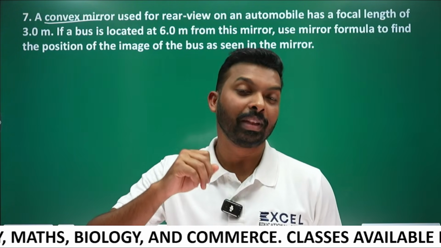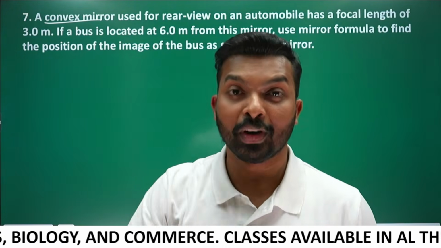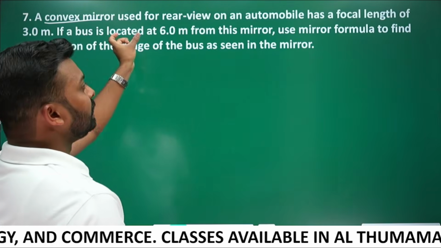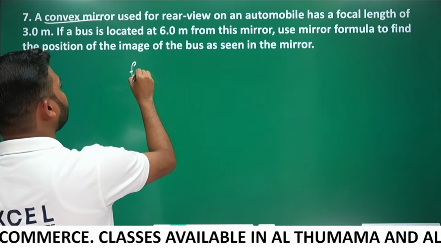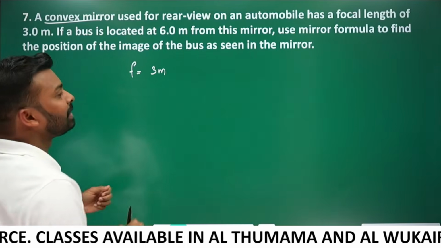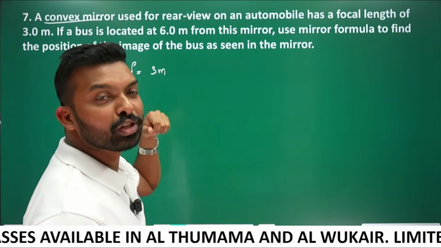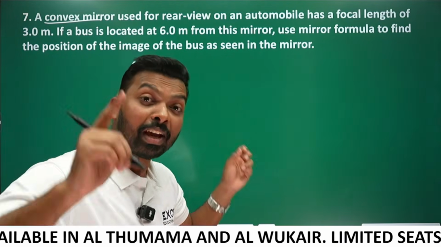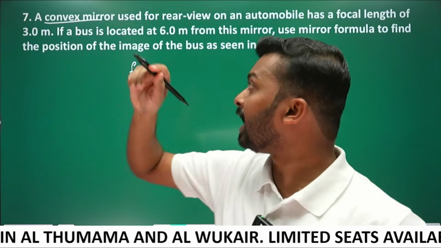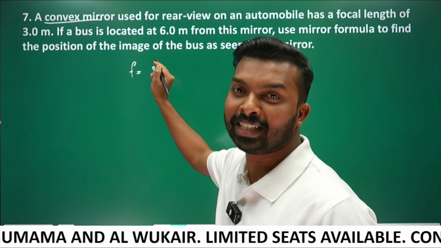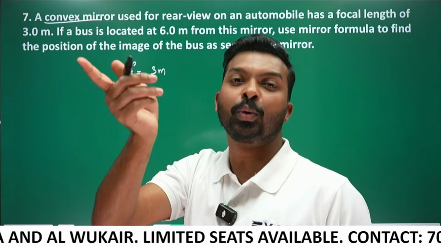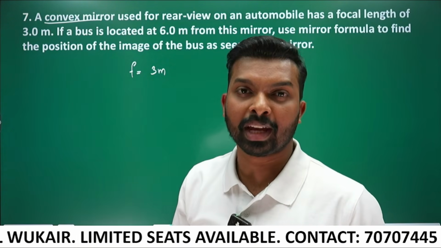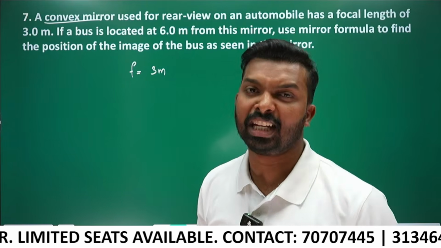Actually, the applications of the concave mirror are much more. So the focal length is 3 meters. The next one is also in meters, so no problem with that. If any of the quantities is in meters and the other is in centimeters, make sure you convert to the same units, either to meters or to centimeters. Ready?